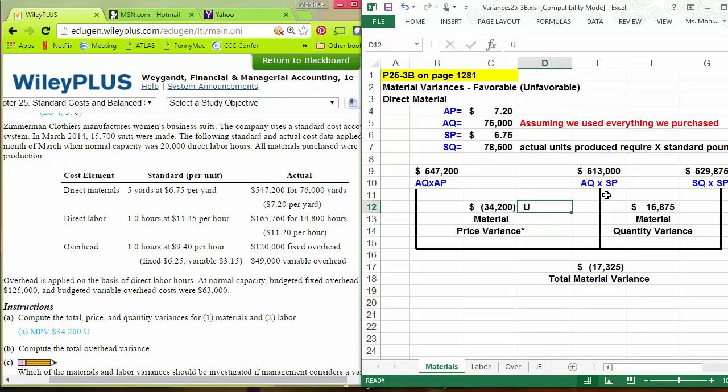So our variance is the difference between these two prongs. So $547,200 minus $513,000 gives me $34,200. So that is my material price variance. And then you look here, that's actually your check figure. So you did it correctly.